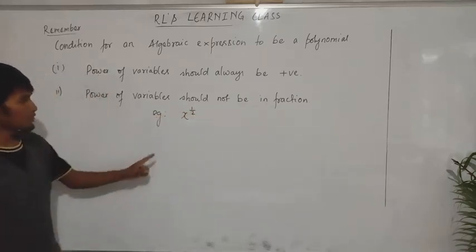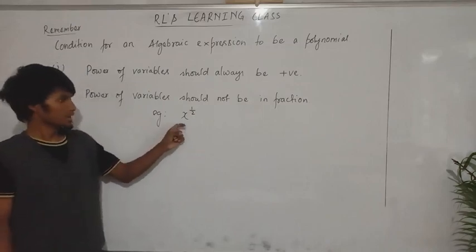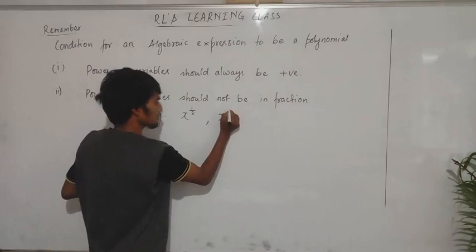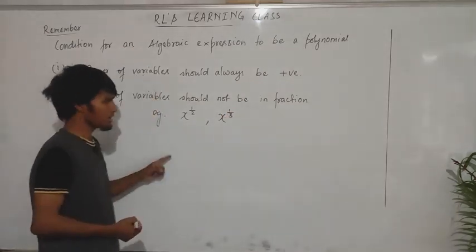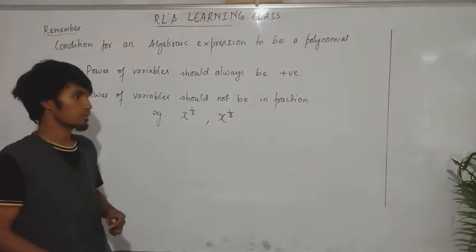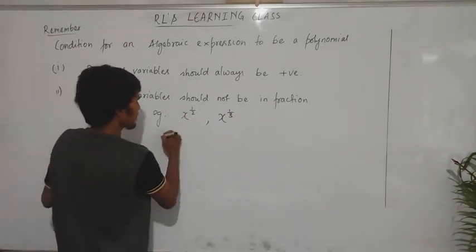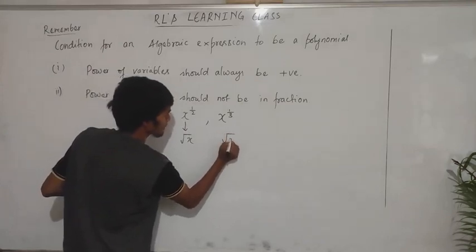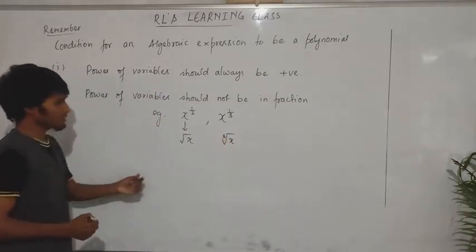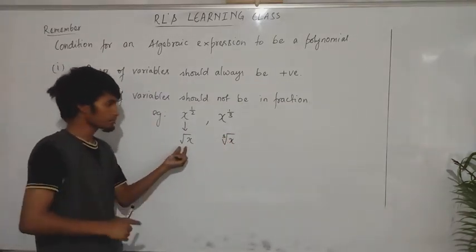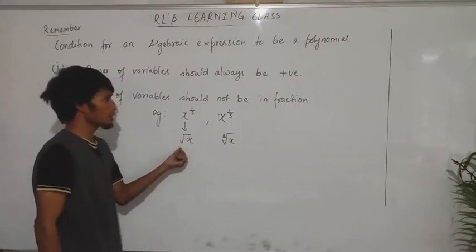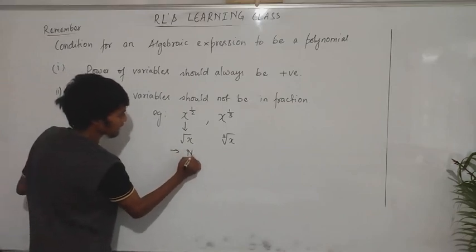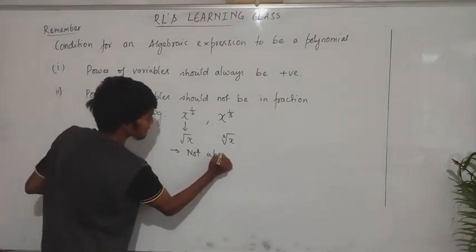If you get x to the power 1 by 2 or x to the power 1 by 3, then this is not a polynomial. This one we can write as root x, or this one as cube root x. If x is under root, or the variable is under root, then this is not a polynomial.